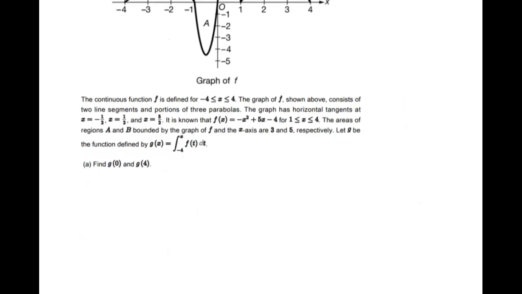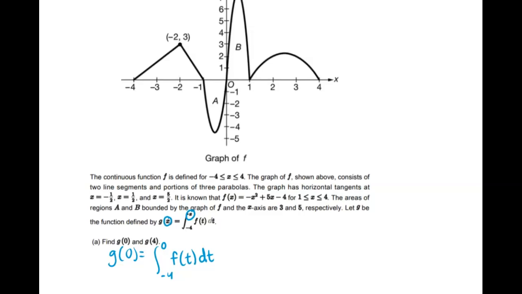So if we look at g of 0, we're just putting in 0 for our x's. So the integral from -4 to 0 of f of t dt. Now we can just look at the graph because integral is really just area under the curve.